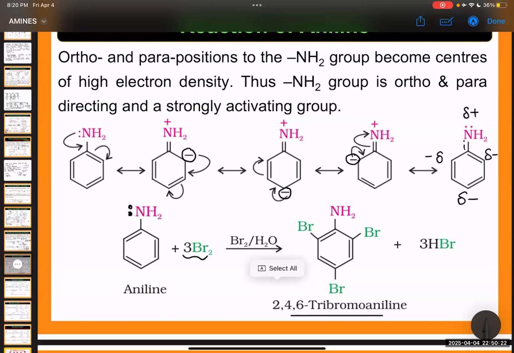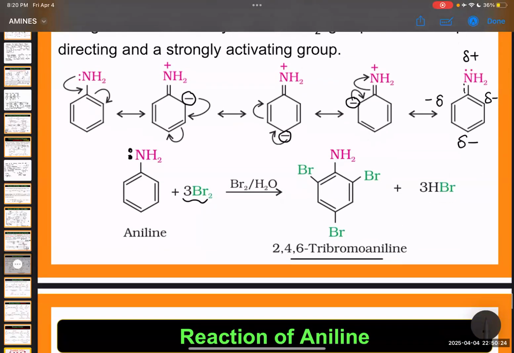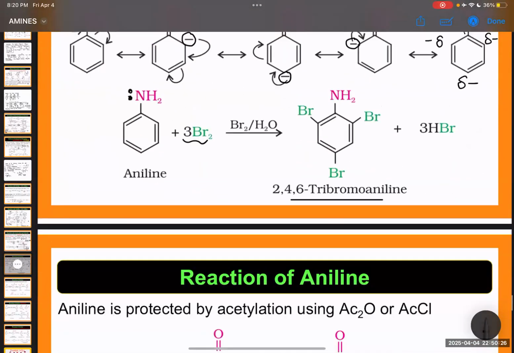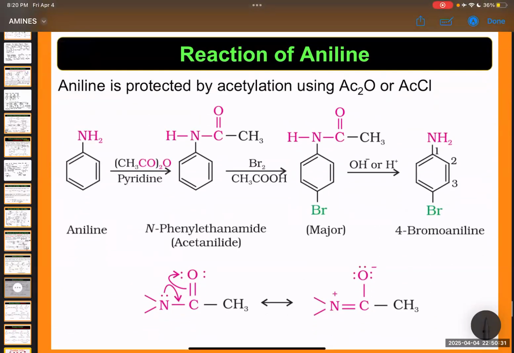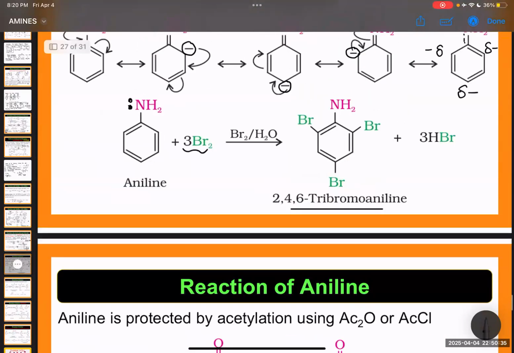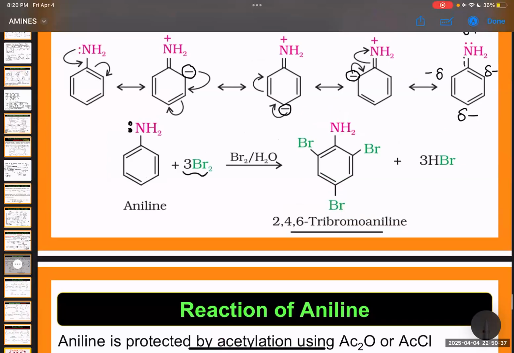Now, suppose in a conversion, if someone asks me to put only one bromine, just one, then it is a problem for me. Because if I react it with bromine, the reaction takes place in very large excess, and because the ring is highly reactive, all the three positions, ortho and para, are taken by the bromine.